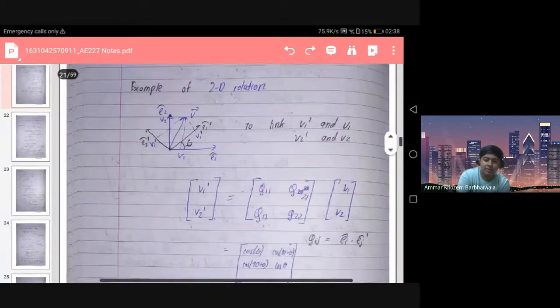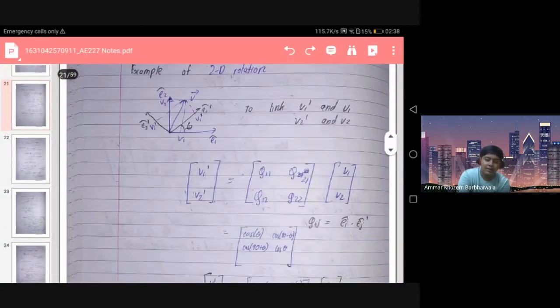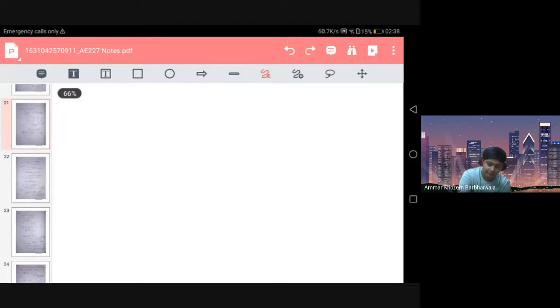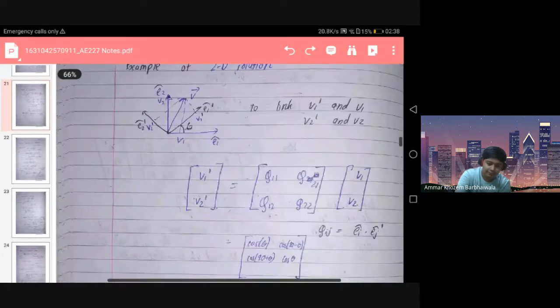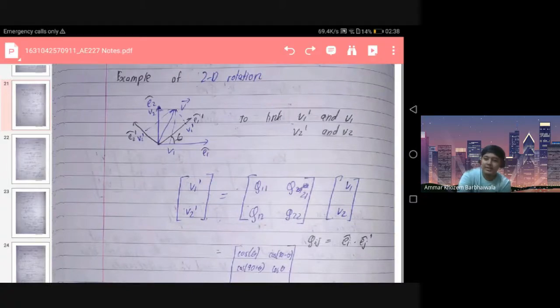There's also the 2D rotation. We know that there's this vector v in this case, and we have two components for it. There's the v1 dash component along e1 dash, and the v2 dash component along e2 dash, and this is also the v1 component along e1 and the v2 component along e2.